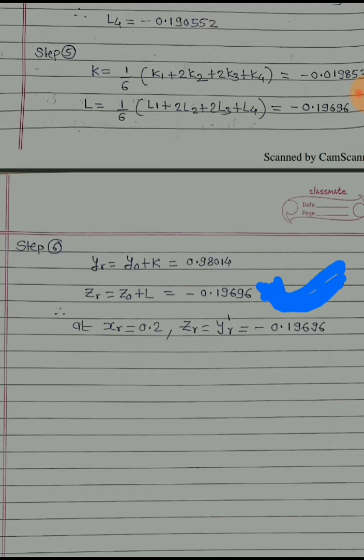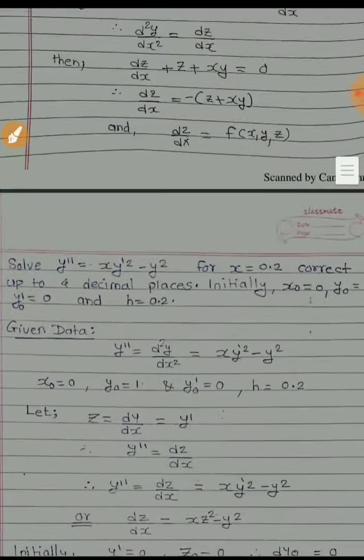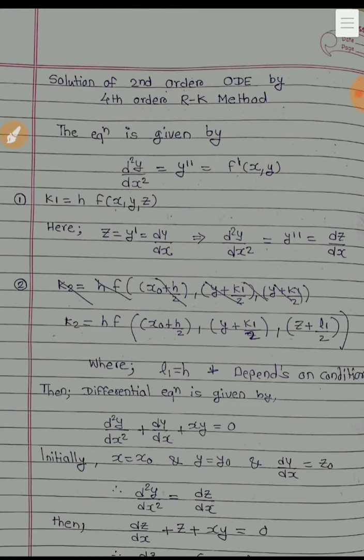Hence, finally I could say, when x is equal to xr, that is 0.2, zr is equal to yr dash, that is the derivative of this term, which is equal to minus 0.19696. This is how we are using the fourth order RK method for solving second order ordinary differential equations.